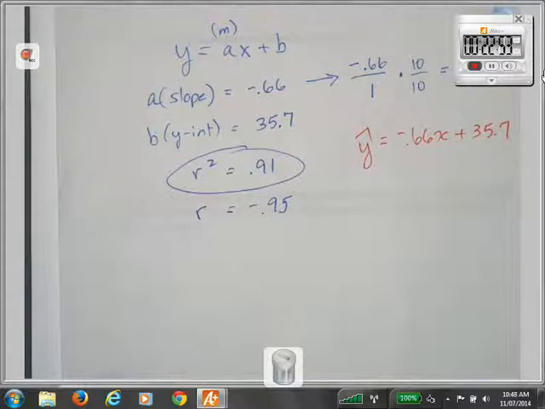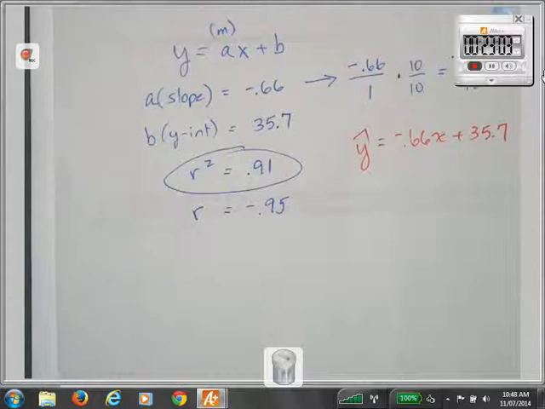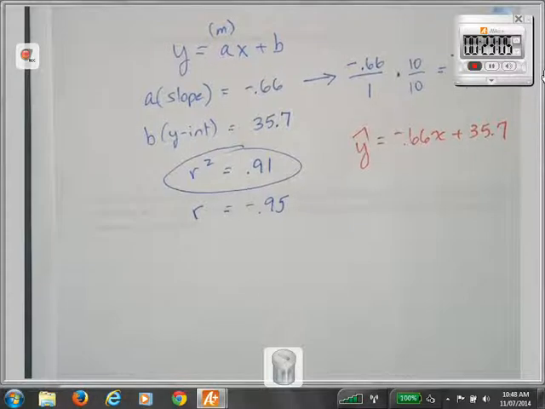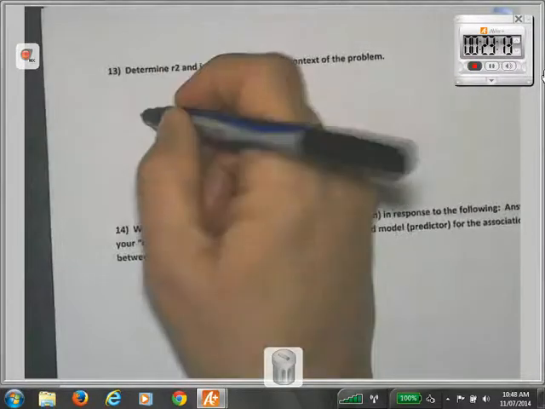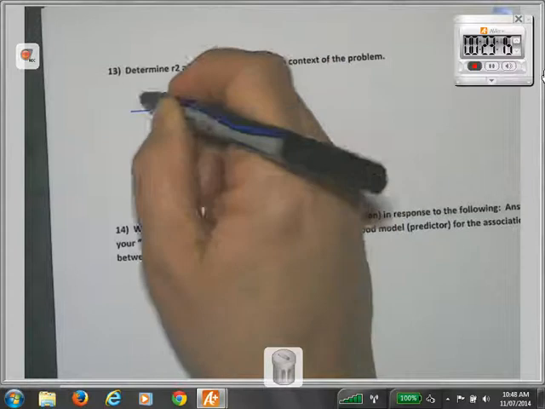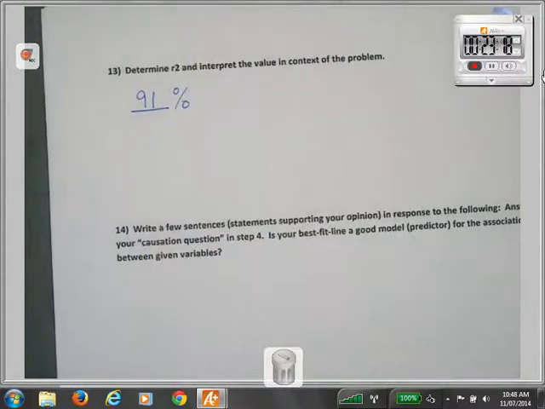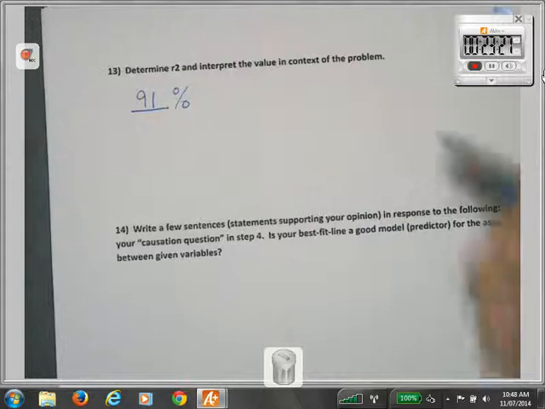Since we aren't concerned about the direction anymore, the negative or positiveness of the association or correlation, we're only concerned about how close it is to 1, or when we turn it into a percentage. So we're going to turn this into a percentage and call it 91%. So r squared is 91%. Now, what is it 91% of? Oh, by the way, I wanted to tell you what r squared is called.